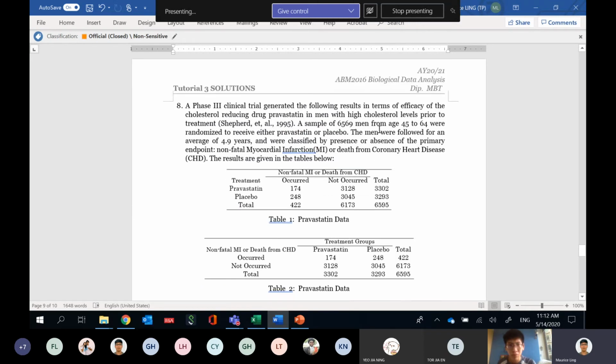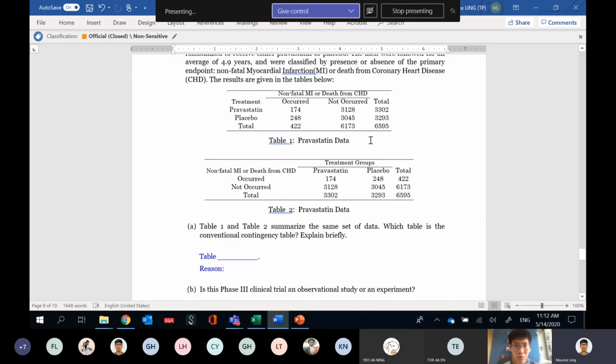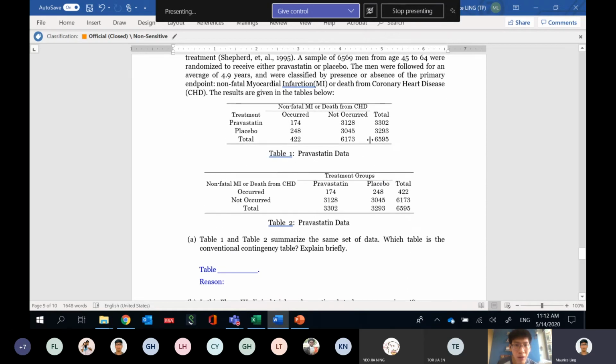Okay, so let's look at question 8. Question 8 just asks you which one is the conventional contingency table. Is it table 1 or table 2? Table 1, sir.